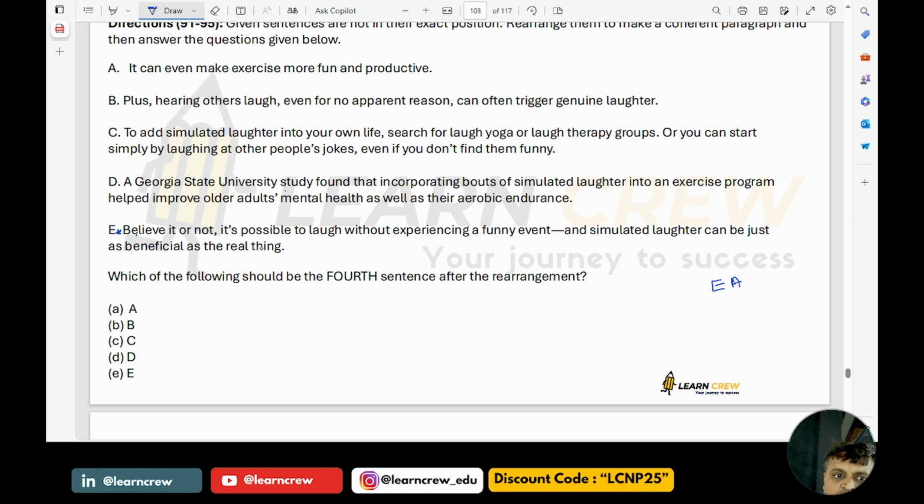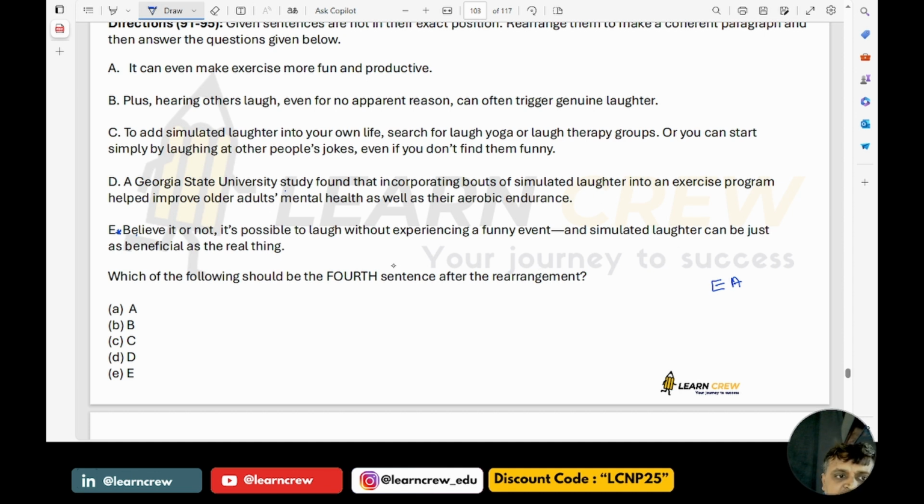Okay, believe it or not, it's possible to laugh without experiencing a funny event, and simulated laughter can be just as beneficial as the real thing. It can even make exercise more fun and productive. Okay, so EA.